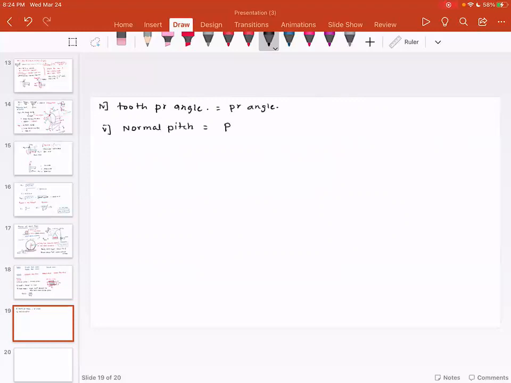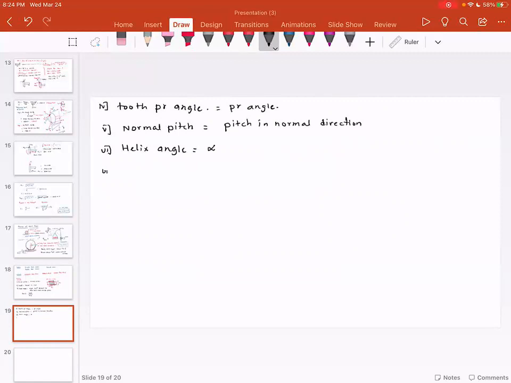So this is the pitch in the normal direction. Then we have the helix angle, which is called alpha.